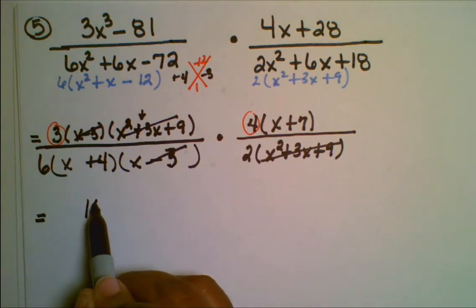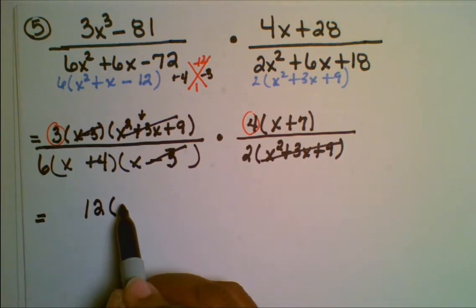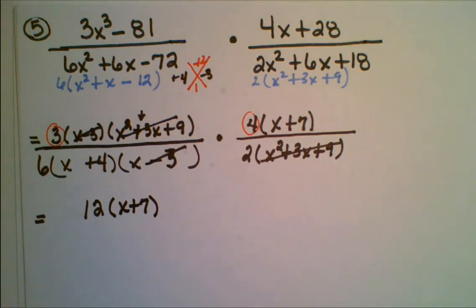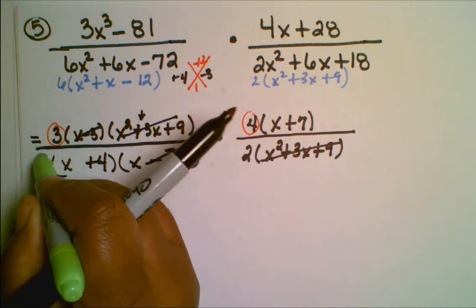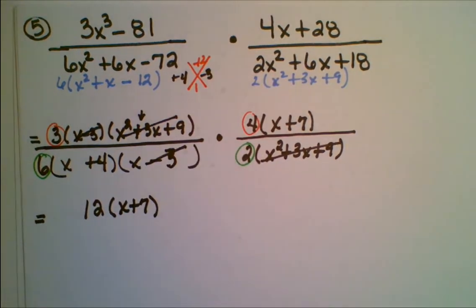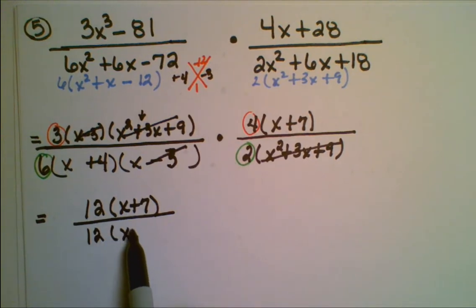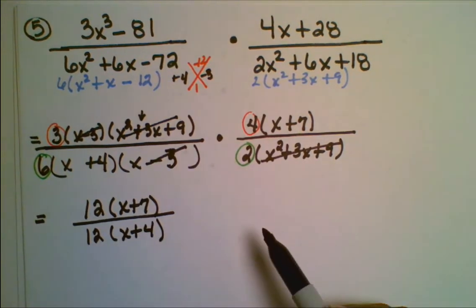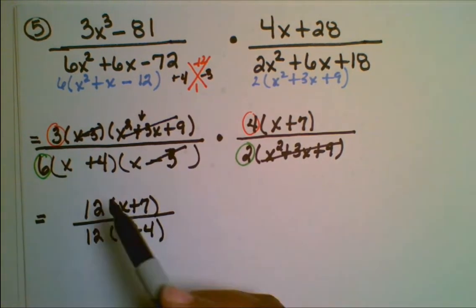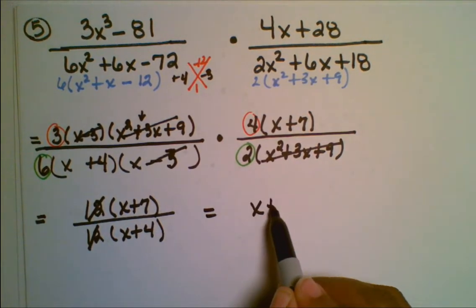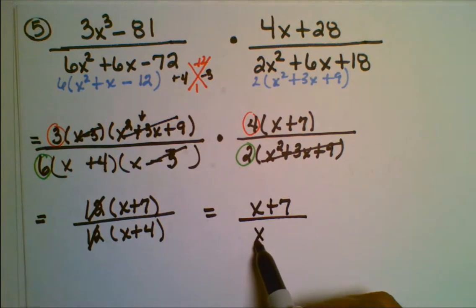That gives us 12 times x plus 7. And then in the denominator, we have a 6 and a 2. We're going to multiply those together. That gives us 12 all over x plus 4. And what divides out? The 12s. And then our answer is x plus 7 over x plus 4.